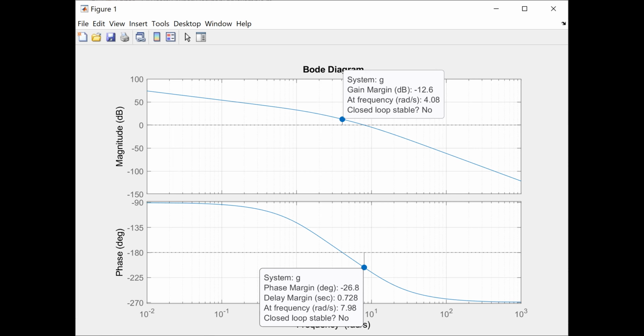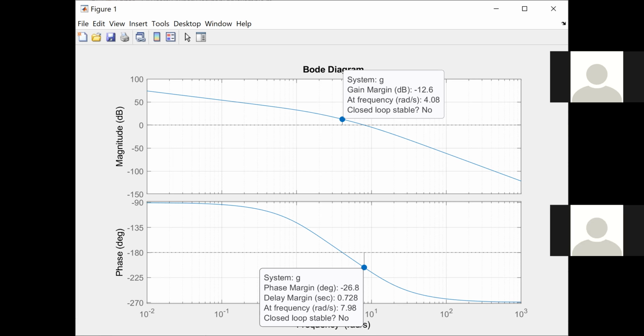Yosef, what is the gain margin value? The gain margin is minus 12.6. What is the omega GM, the gain margin frequency? 4.08. Alicia Zaidi, what is the phase margin value? Negative 26.8 degrees.